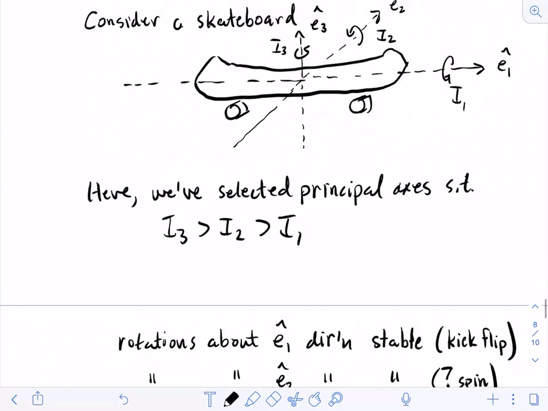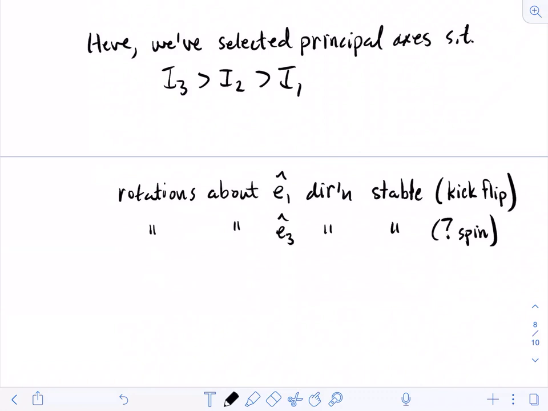So that's a spin where if you're looking down at the board when you're on it and you did a rotation about E3 hat, you would see it do kind of a 360 where the long axis of the board would be rotating. However, rotations about the E2 hat direction are unstable.